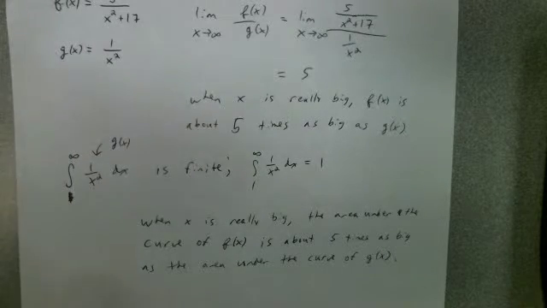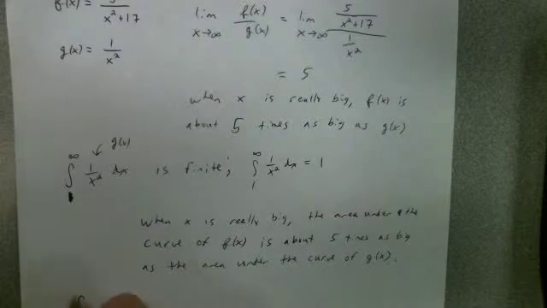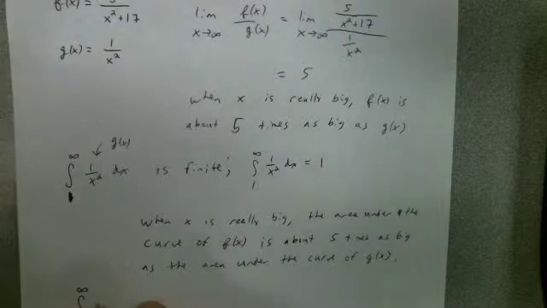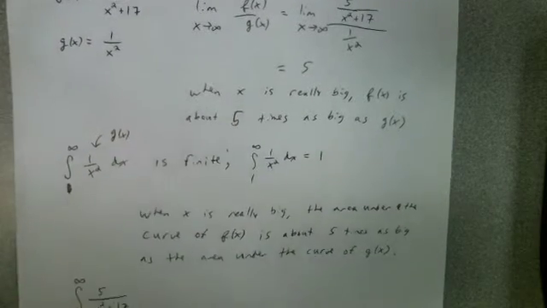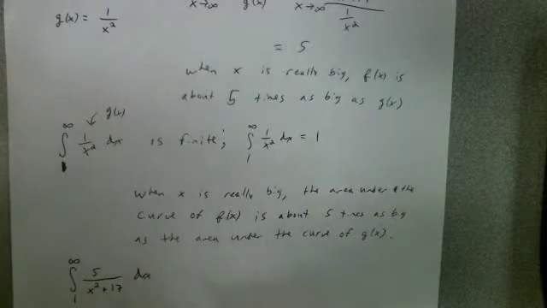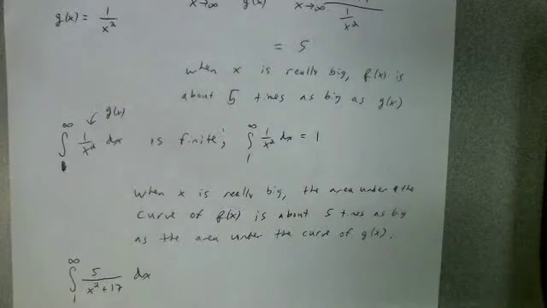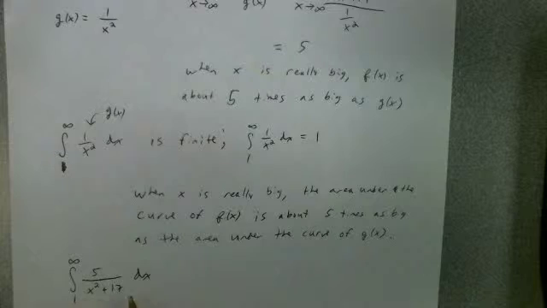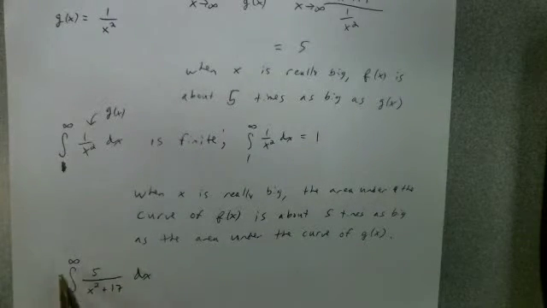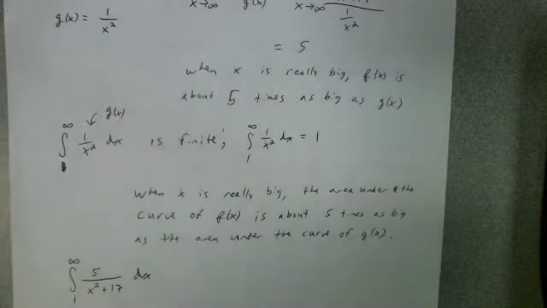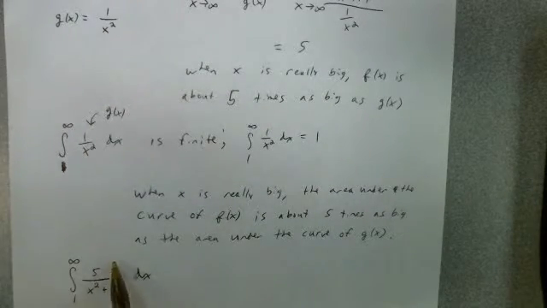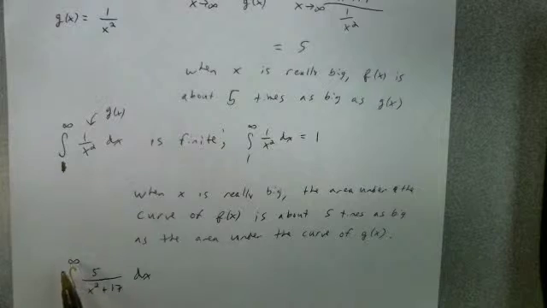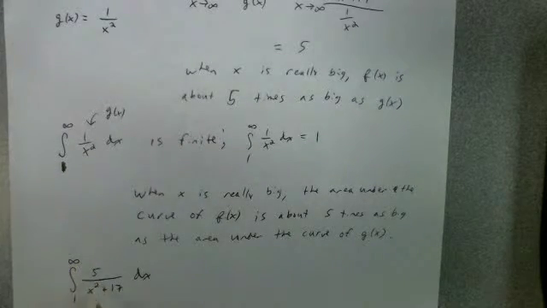Well, so let's say I want to look at the integral from 1 to infinity of 5 over x squared plus 17. I don't know what this integral is. I mean, we could actually compute the number by hand, but it doesn't matter. I do know that this area now has to be finite.